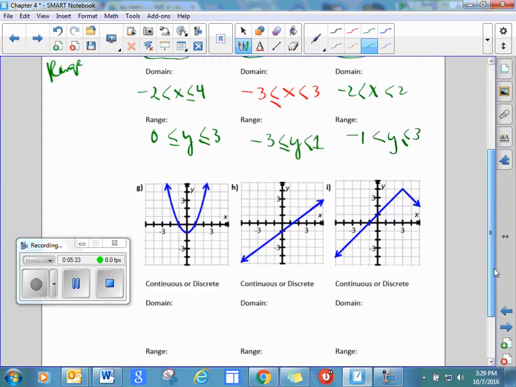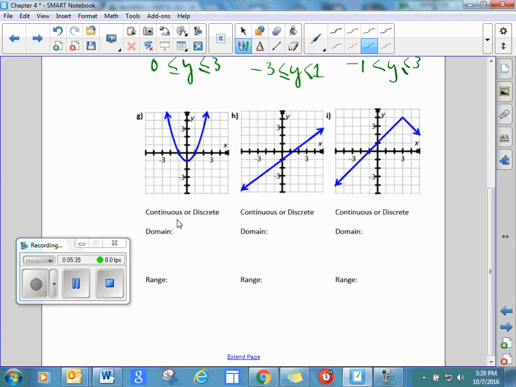So let's look at this example here, and then we'll stop, and I'll let you guys do H and I for discussion in class. Again, this is continuous. It's a parabola. I'm thinking an x squared equation, whatever it may be. I'm looking at the domain, and I'm noticing that my graph does not stop.